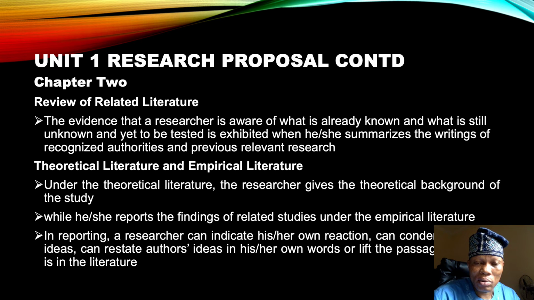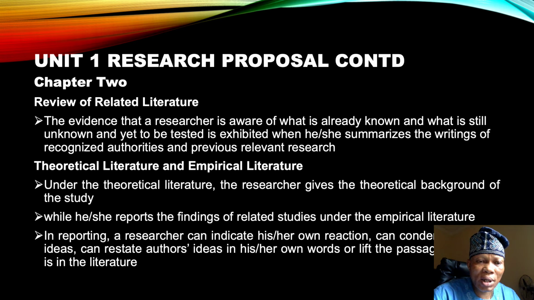Under the empirical, you tell us the findings of those who had already done something similar to what you are doing. And at the end of the day, you try and compare and contrast whether your own finding contradicts what they found or is in line with what they found.